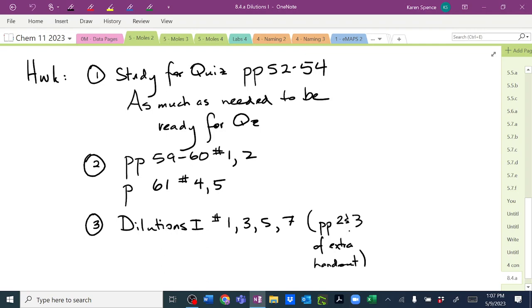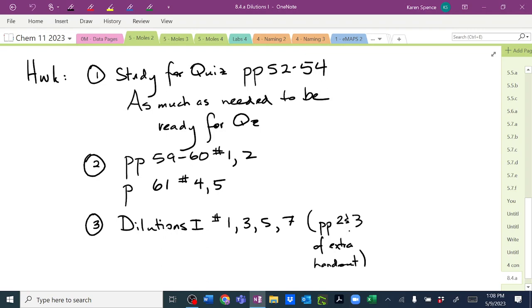Okay, so homework number 1, you're going to study for your quiz. And so that is pages 52 to 54. Do enough to be ready for the quiz. So you don't have to do them all. Number 2, pages 59 to 60, numbers 1 and 2.